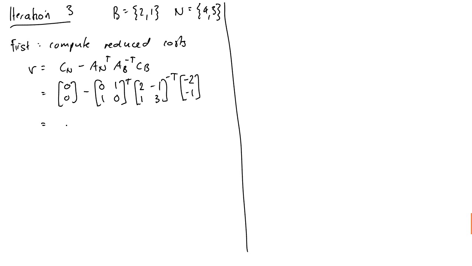Once again, if you do a bit of work and solve that by hand, you get 1/7 of 4, 5. Okay. R is greater than or equal to 0, so we have found the optimum.